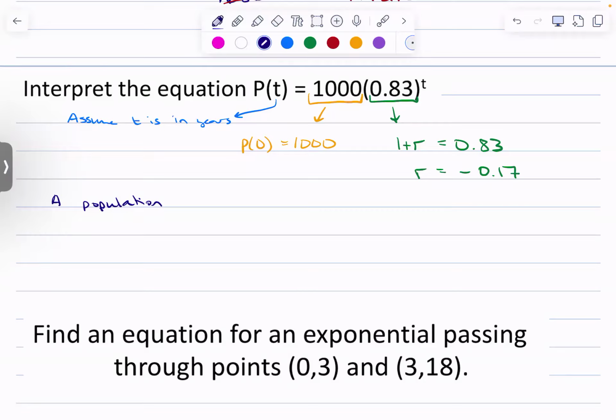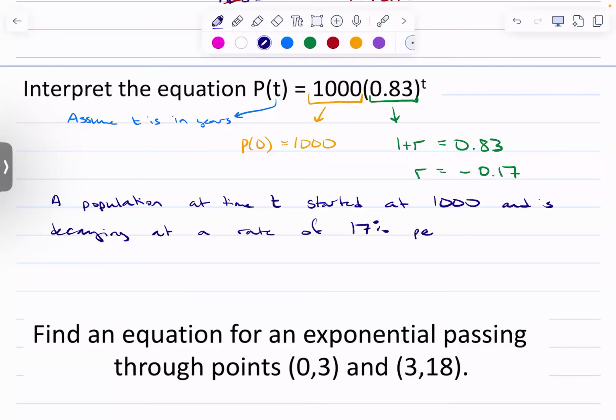So a population at time t started at 1,000 and is decaying at a rate of 17% per year, or whatever we assume t is.